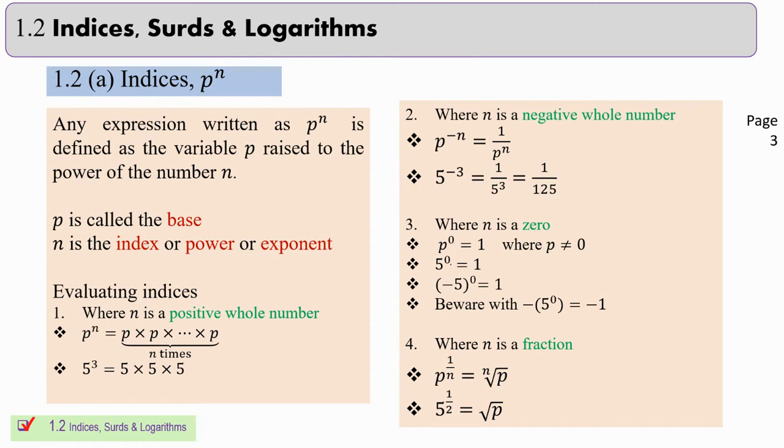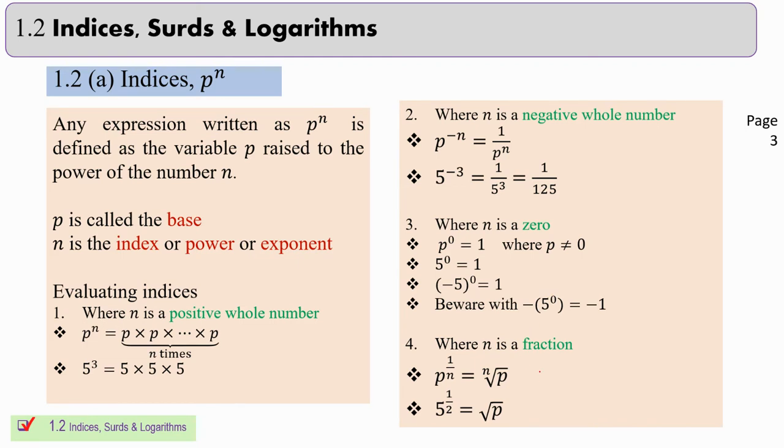For example, 5 power of 0 equals 1, negative 5 power of 0 also equals 1. Every time we involve the power, please be careful with the minus. If the minus is located outside of the bracket, it means that the negative term does not receive the power.